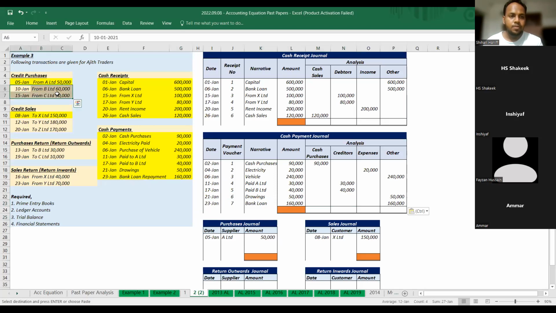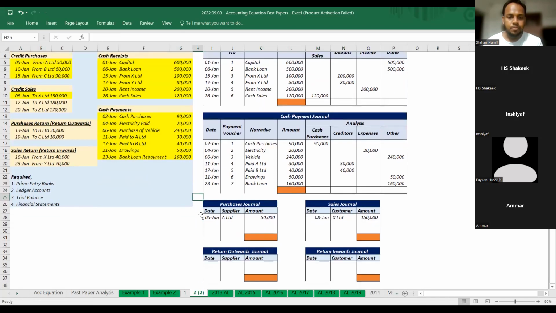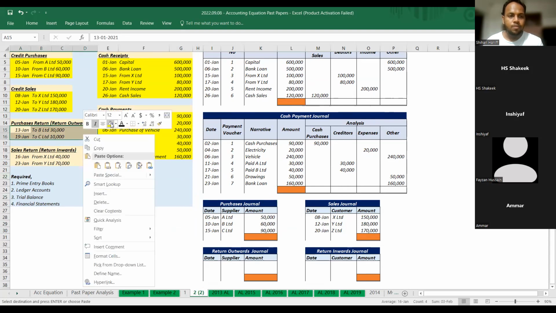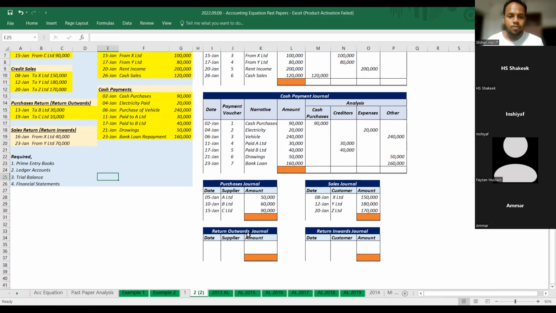Next, let's do the purchases. A Limited and B Limited, C Limited. Credit sales, XYZ. Return outwards.